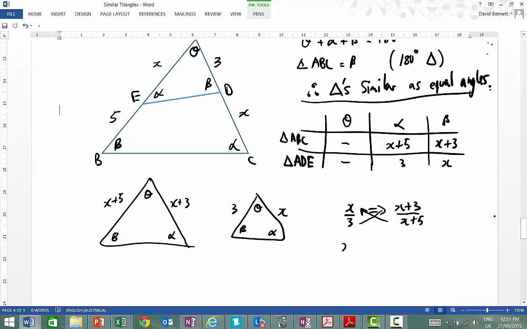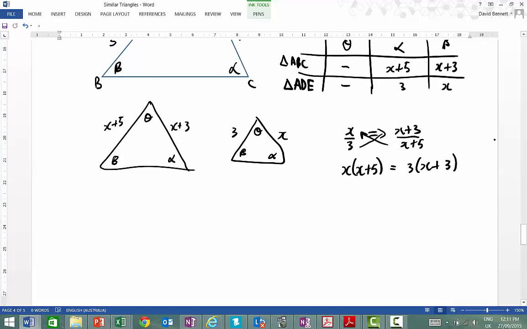So that's going to be x times x plus 5 is equal to 3 lots of x plus 3. That's going to give me simply x squared plus 5x, equal to 3x plus 9. Now I'm going to bring everything over the other side and simplify.